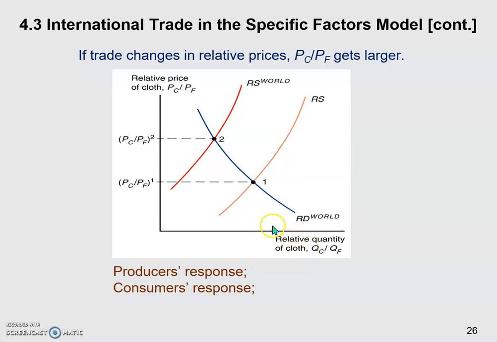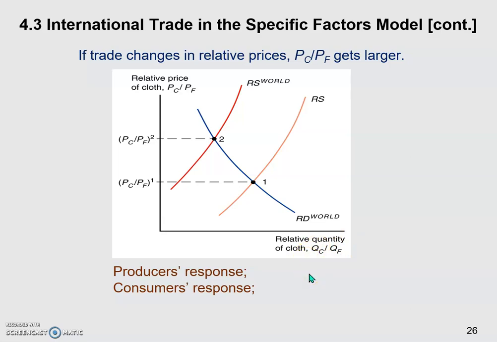Of course, more food comes partially from imports from the rest of the world. So here QC becomes smaller and QF gets larger, so when we move from 1 to 0.2, on the horizontal axis we're moving towards the left, with a smaller ratio, or relative quantity, of cloth.